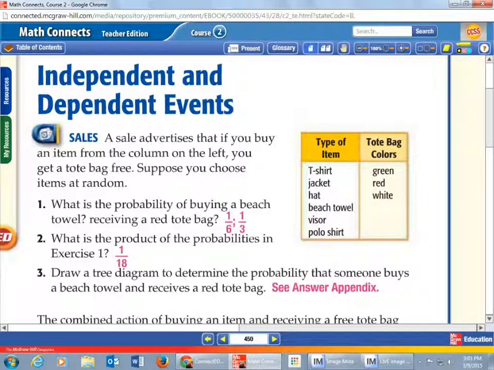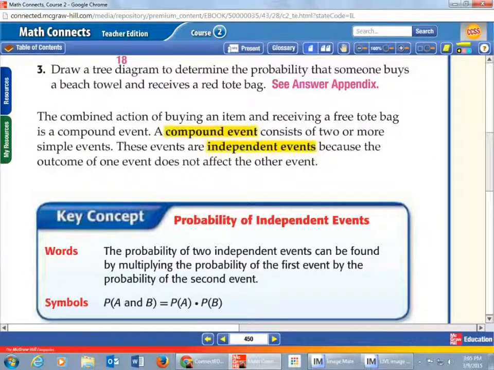Now, using all of that, we want to move on down. Okay, what we just saw was an example of compound events. A compound event is something that is 2 or more simple events. So in our case, we had the beach towel, then we also had the tote, the color of the tote.